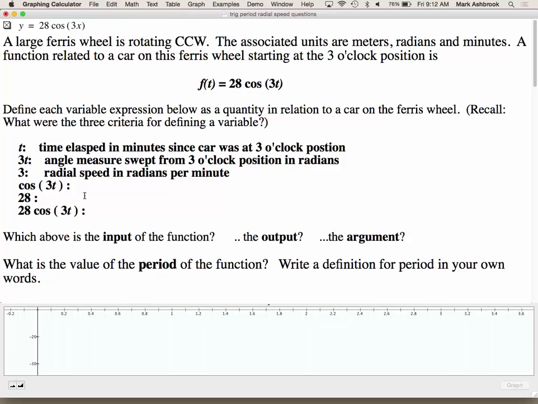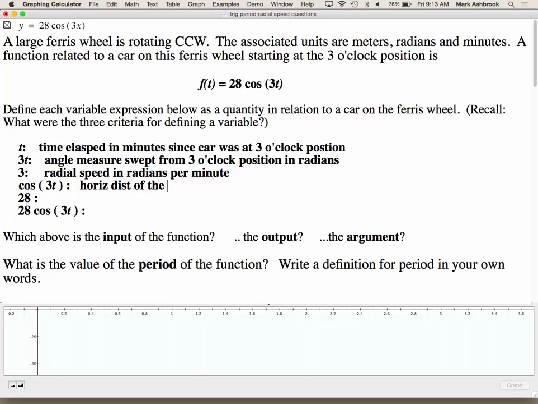Joel? The horizontal distance in radii that the wheel is traveling. It's not that the wheel travels; the horizontal distance of what? Of the wheel?